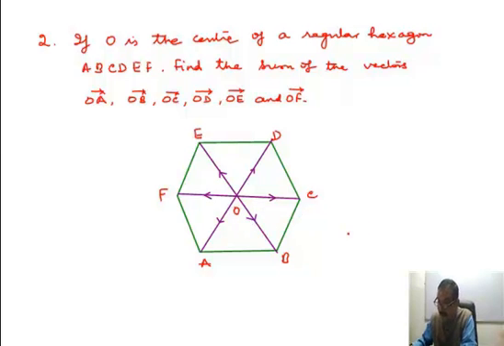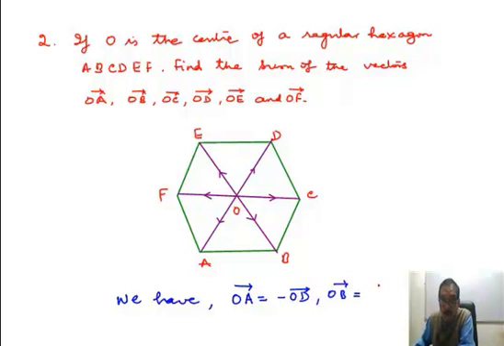Means we have here OA and OD vectors which are in opposite direction. So OA is equal to minus of OD. Both are equal in magnitude but opposite in direction. Similarly, OB vector is equal to minus of OE vector.